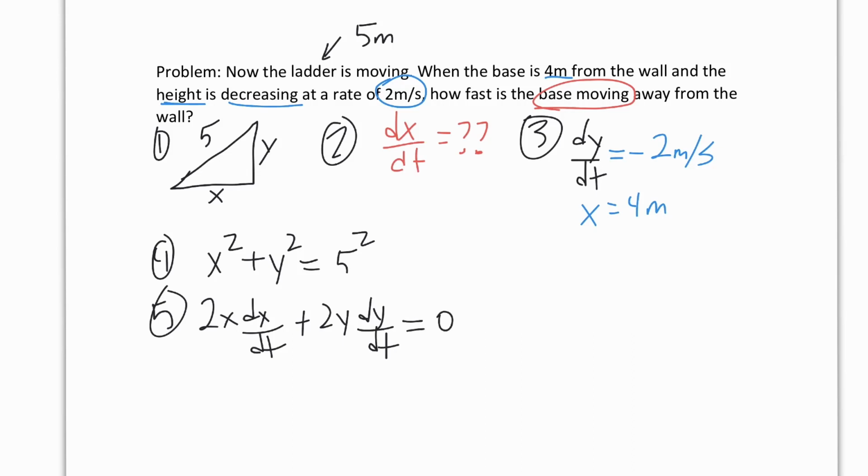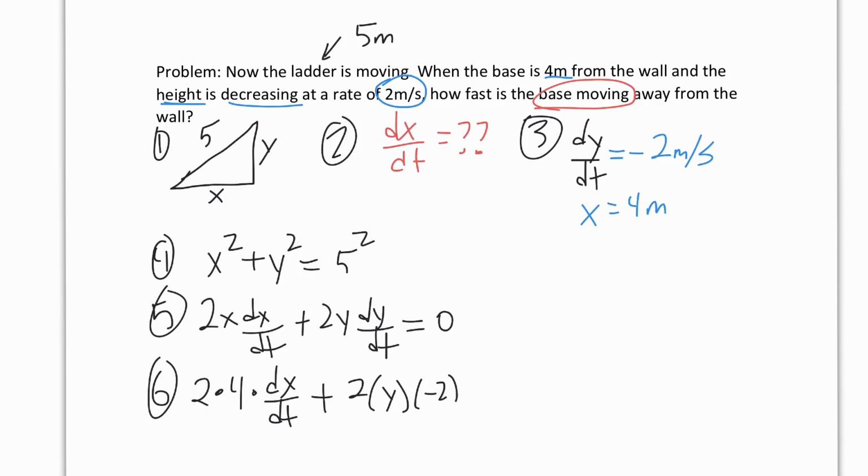So on to step 6. We want to start plugging in all the information we have. Well, we know x is 4, so 2 times 4. We don't know dx/dt, but that's okay. This is what we're trying to solve for, so we'll leave it as an unknown. Plus 2. Well, we know dy/dt is negative 2, but we don't know y.